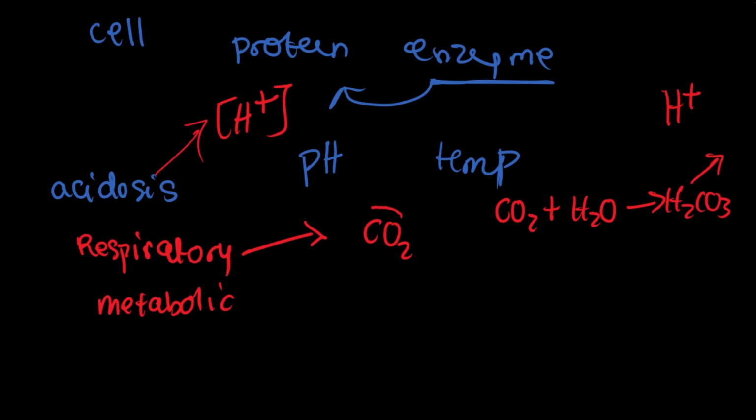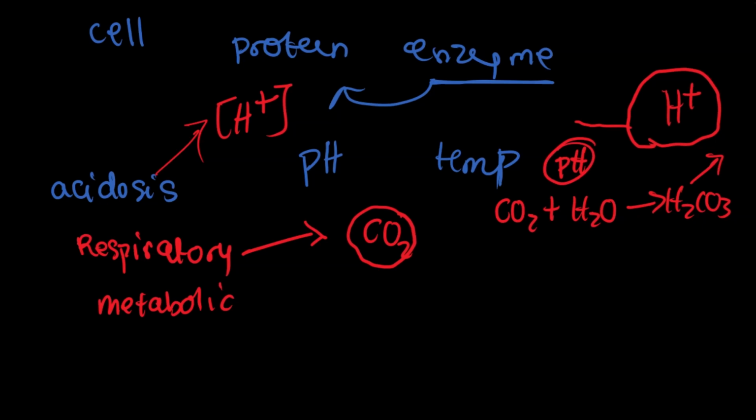When there is a respiratory disease, which could be pneumonia or asthma and so on, that leads to insufficient expulsion of carbon dioxide, it could lead to an unusual increase in the hydrogen ion concentration and a decrease in pH.